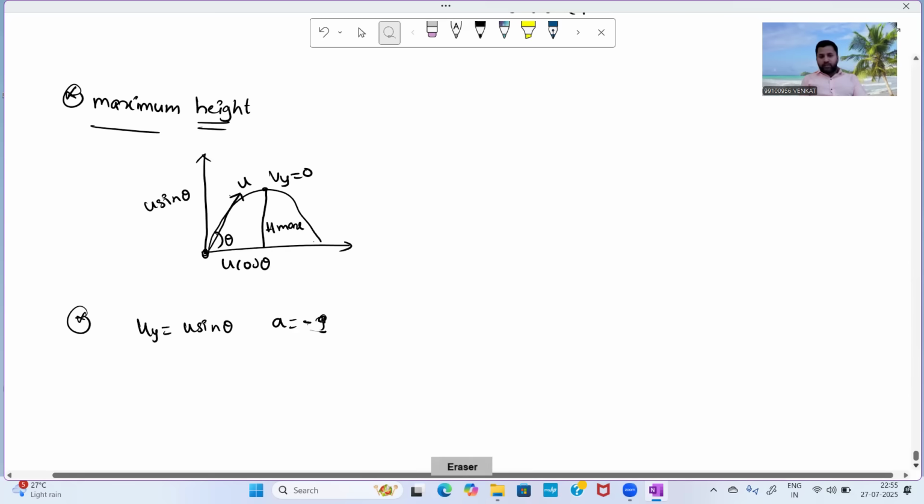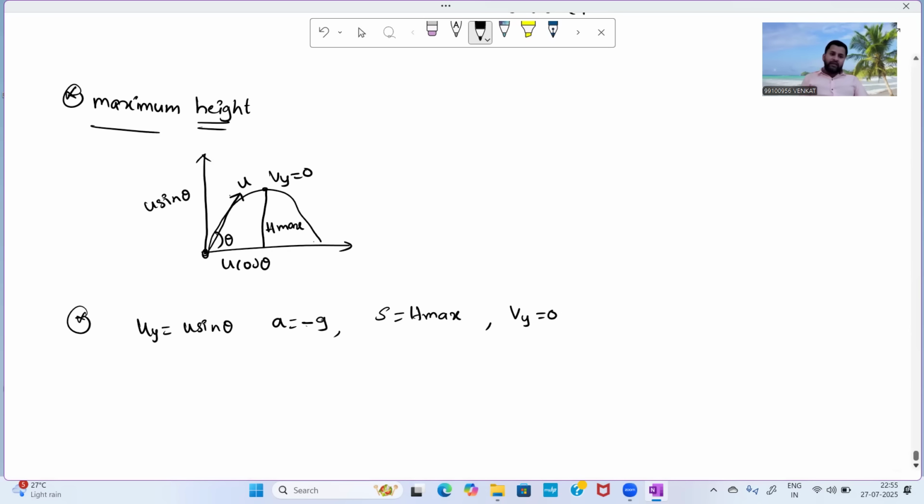Then what else is required? Maximum displacement s equals h max, and at the highest point the vertical component of velocity will be zero. So by using these parameters, we can write the equation.